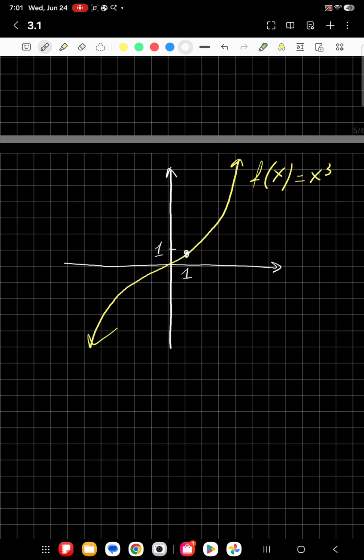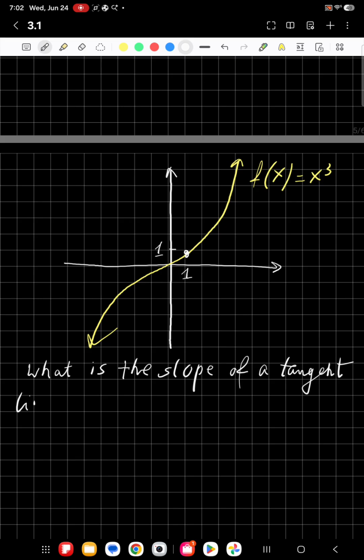So what is the slope of a line tangent to the curve at x equals 1?